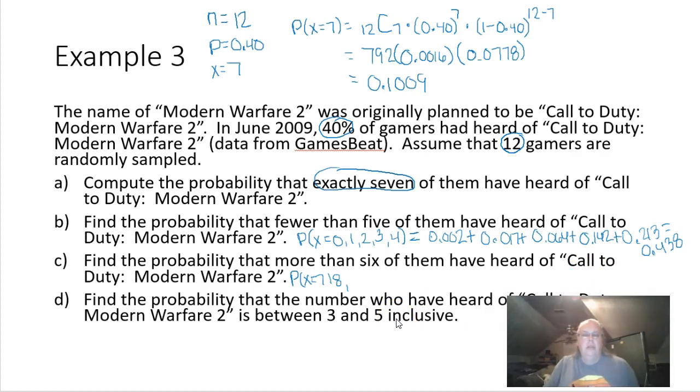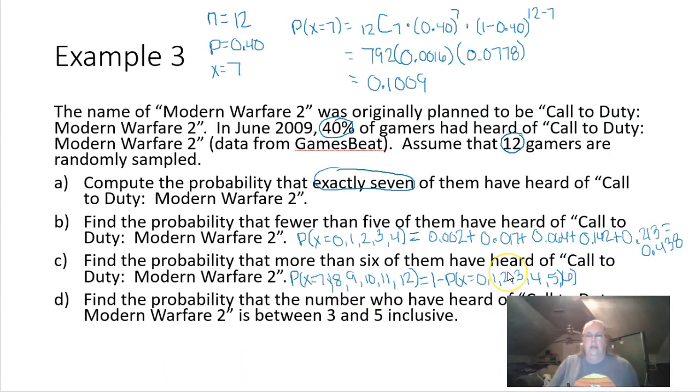Okay, so let's find some place where we've got some space to work. Right in here. All right, so we're going to have 1 minus the probability from 0 to 4, which we just said was 0.438.